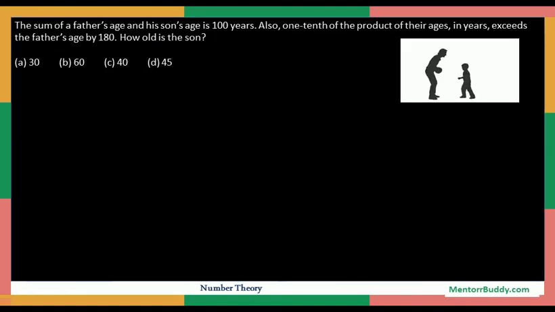So the question says the sum of the father's age and his son's age is 100. Let's say this is the father, and the father's present age is considered to be f, and this is the son, and the son's present age, let's say, is s. We are representing father as f, and son as s. So the summation of their ages is f plus s equals 100 years.